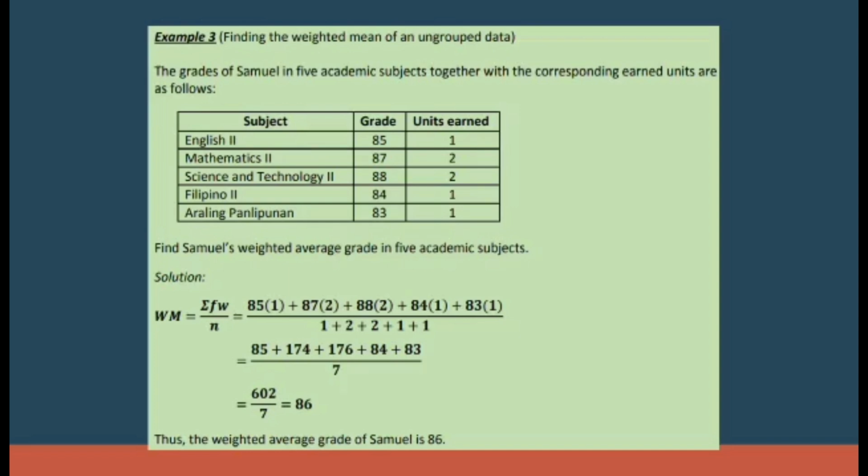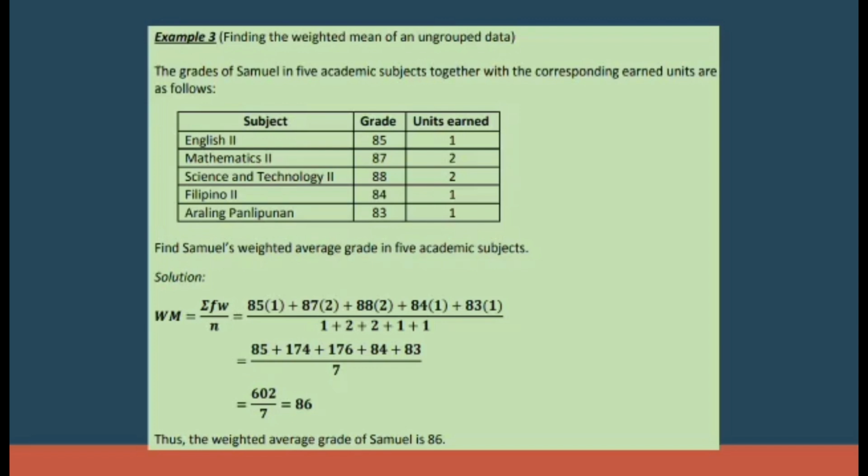The next step is to add all the numbers in units earned. So 1 plus 2 plus 2 plus 1 plus 1. So the total number is 7. So the next step is to add the final products of grade and units earned.